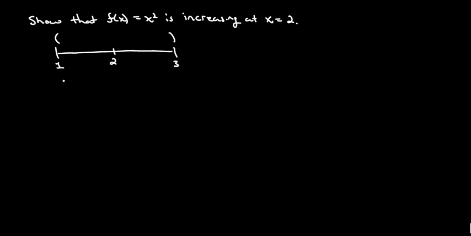And so they say if our x value is stuck on this interval right here, then f of x is clearly less than 4, because f of x, which is x squared, is always less than the end value, which is 2 squared. So that's true.